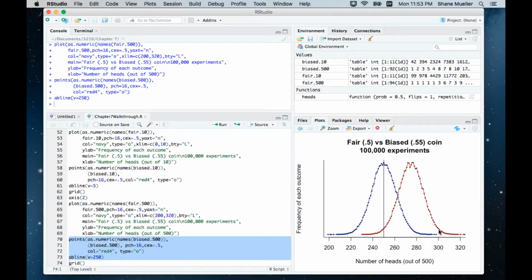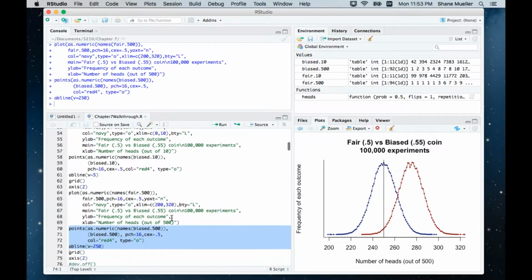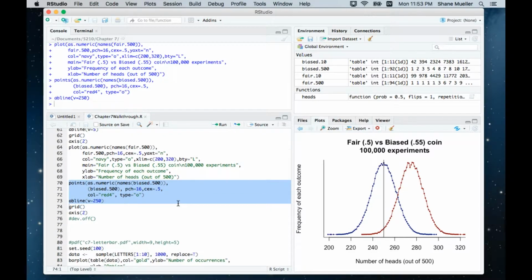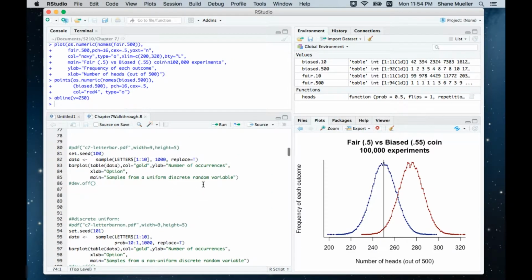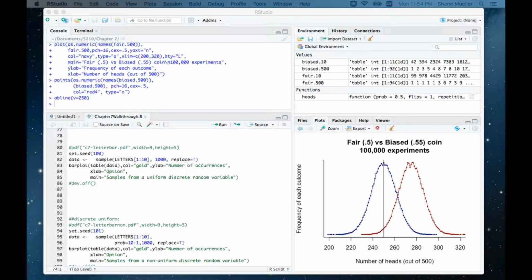And if it's 300, that's almost impossible with the fair coin, but it's sort of likely with this biased coin. So just by doing larger experiments, we can make better distinctions between whether this is fair or not. And that's the big picture of how we use probability to make inferences about the world.